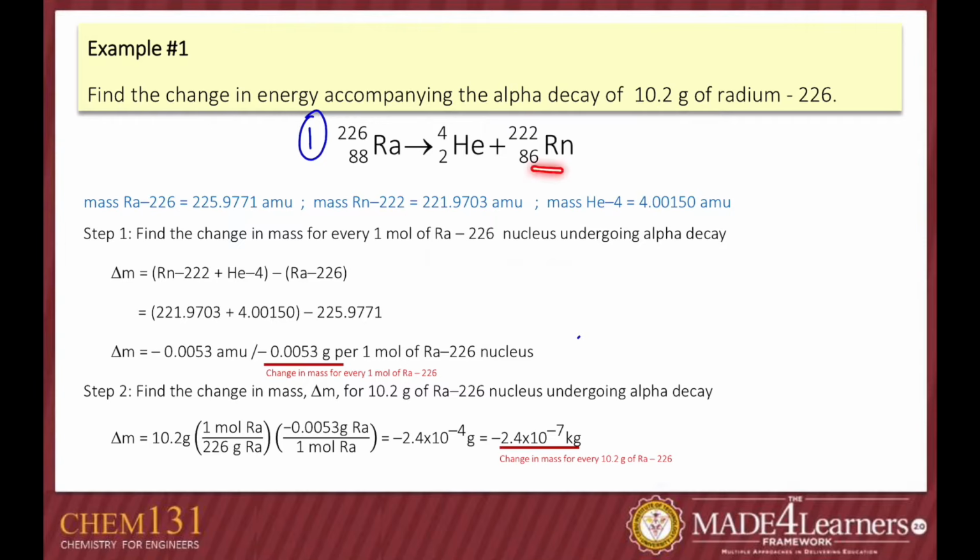Meaning, we add radon-222 and helium-4, minus the mass of radium-226. So, 221.9703 plus 4.0015 minus the mass of radium-226, and we get a change in mass of negative 0.0053.